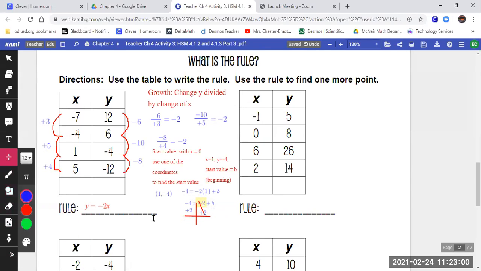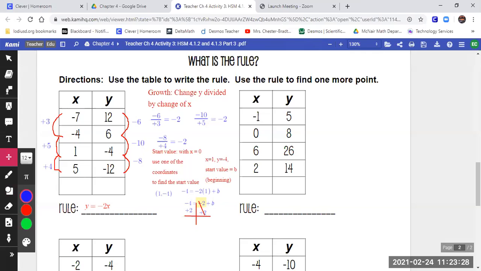I need to do the math now. -4 with +2, are those the same signs? No. Since they're not the same signs, what are we supposed to do again? Subtract and do what? Keep the sign that's on the bigger one.